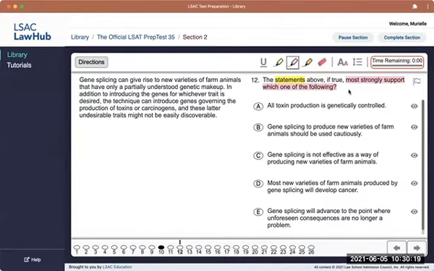So it is an inference question. We're trying to infer the correct answer from the information that we're given, but it's not a must be true question. So we may not be able to 100% prove the answer choice using the information that we get.